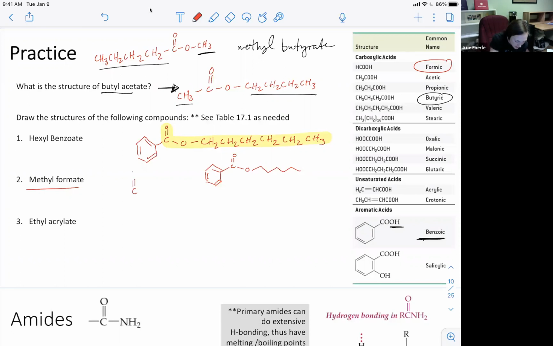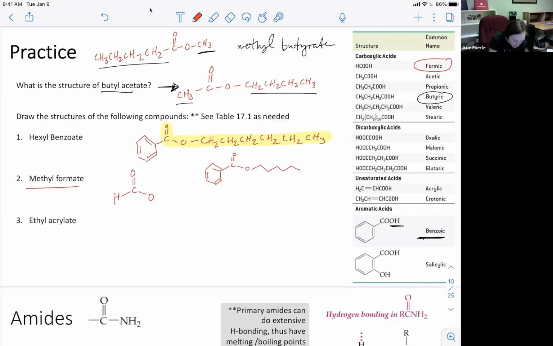You got the carbonyl group, you got a hydrogen. We don't even have a carbon group on the other side of this. And then we've got the O is what makes it an ester here, the single bond to the oxygen. And then we've got methyl. Y'all know what a methyl group is. That is methyl formate. Questions on how I got that?